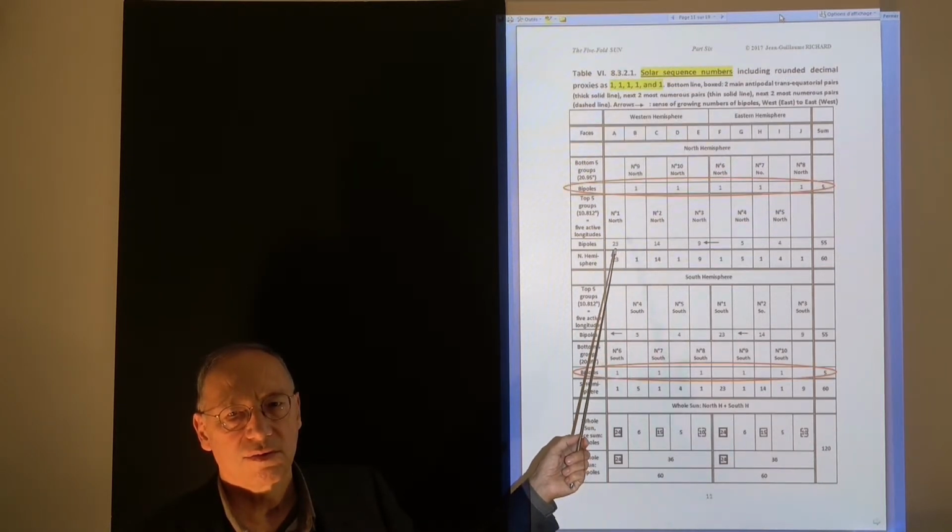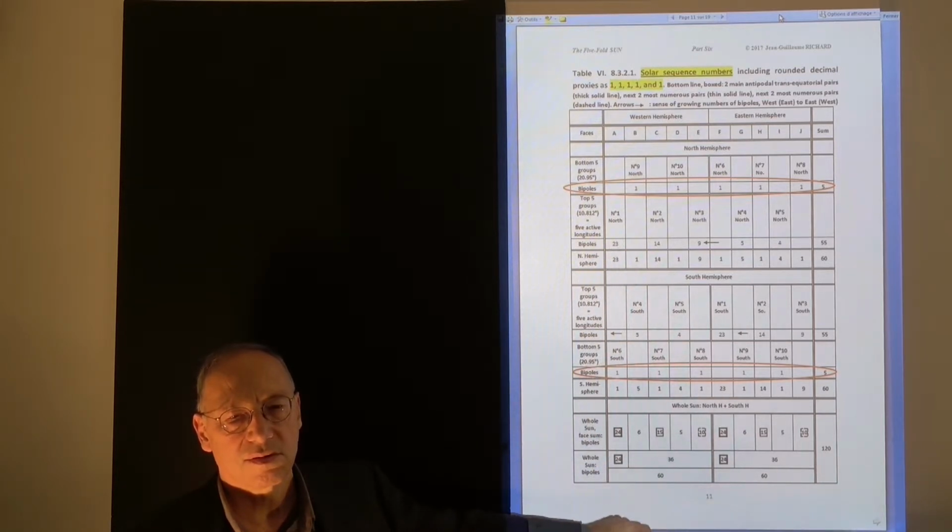Now, if we go to the equivalent for solar sequence numbers, we have exactly 23, because this is a solar sequence integer.